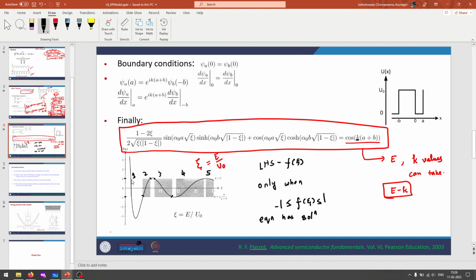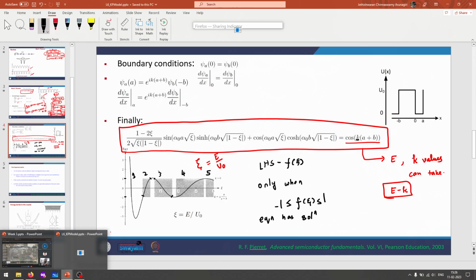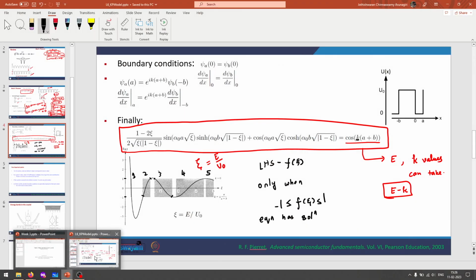Now, in this region, if I give you the value of cos theta, can you find theta? Kamal or anybody else who's on the call? Yes.